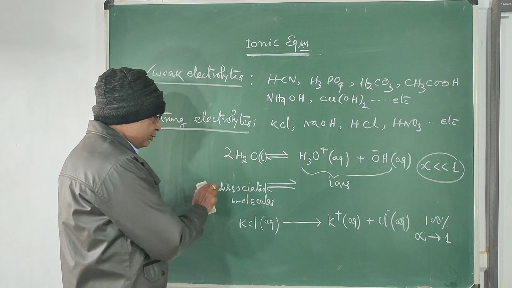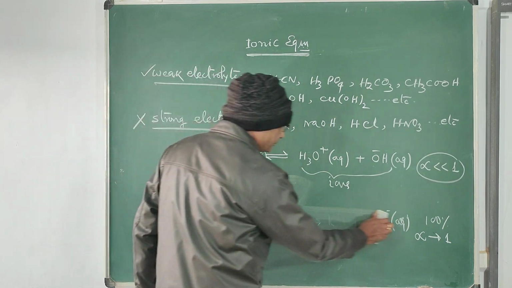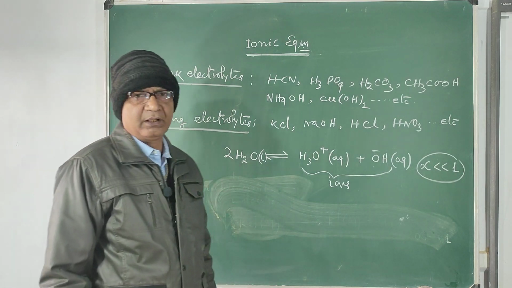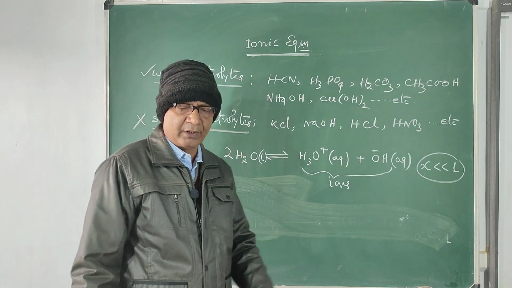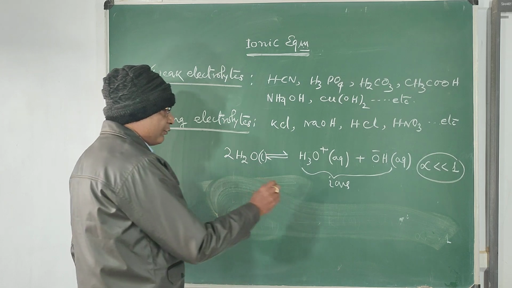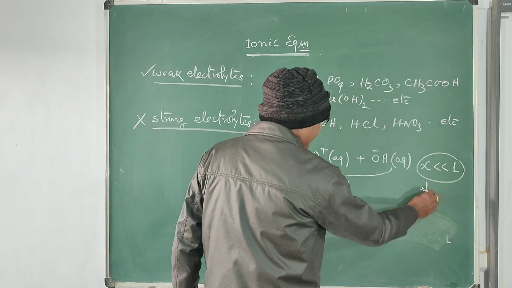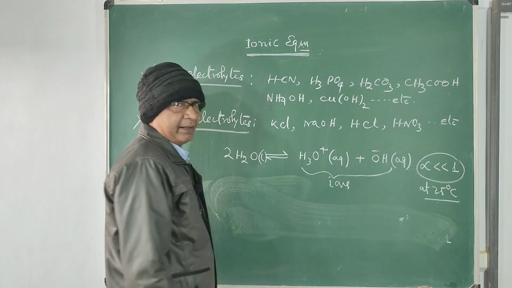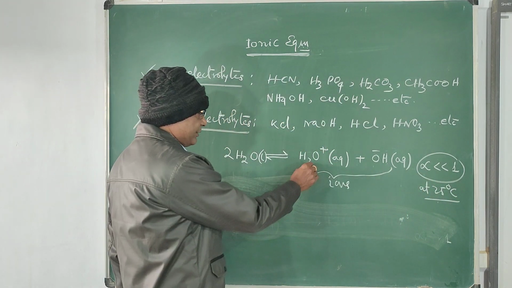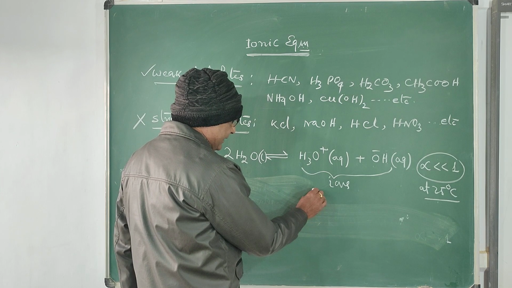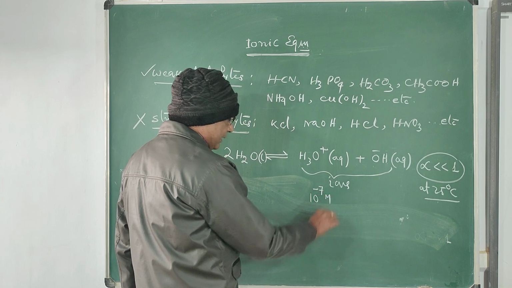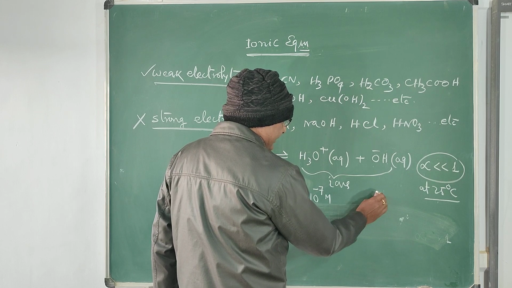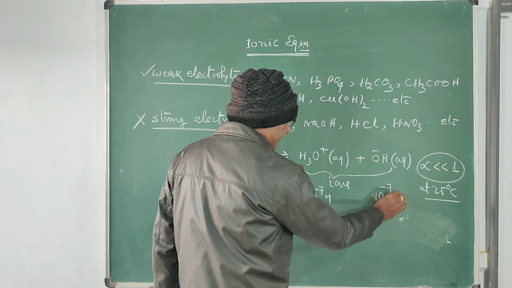Now see the dissociation of water. This is how we have written the dissociation of water. Water is a very, very weak electrolyte. So at 25 degrees centigrade, which is the standard temperature taken, the concentration of hydronium ion is measured, and it is 10 to the power minus 7 molar, and the concentration of hydroxyl ion is also 10 to the power minus 7 molar.